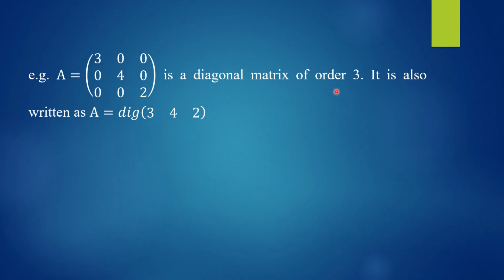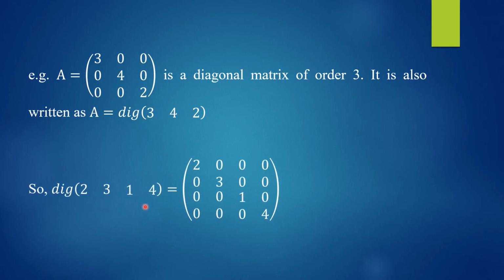Is that clear? So this diagonal matrix can also be written in short form like this, diag of 3 4 2. If you write diag of 3 4 2, then it is actually this one. Let me take another example of this type, diag of 2 3 1 4, so the diagonal is 2 3 1 4, and the other elements are 0. There may be 0 elements also, so this 3 may be 0.